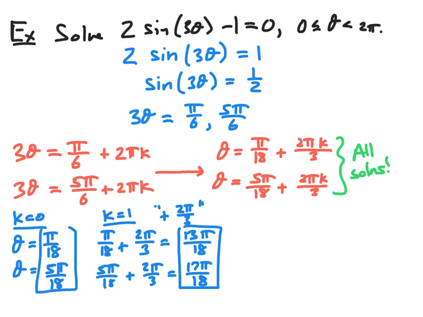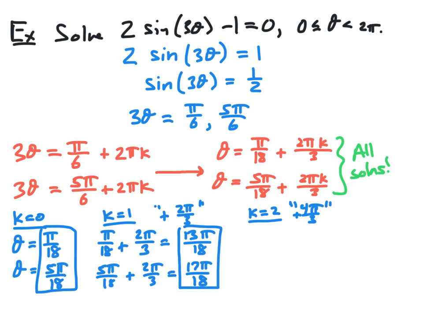So here are 4 angles so far between 0 and 2 pi that work for this particular equation. Now, we can continue with the same idea. We're going to then do k equal to 2. And so in this case, we're going to add 4 pi over 3 to each of these solutions.